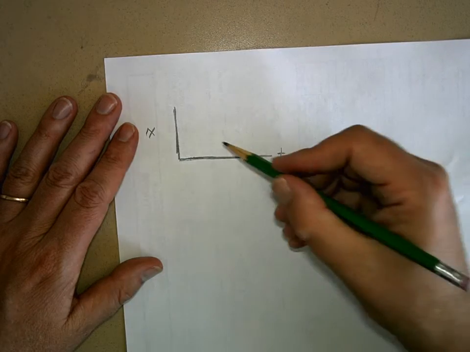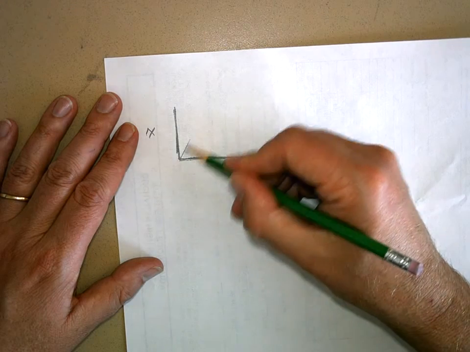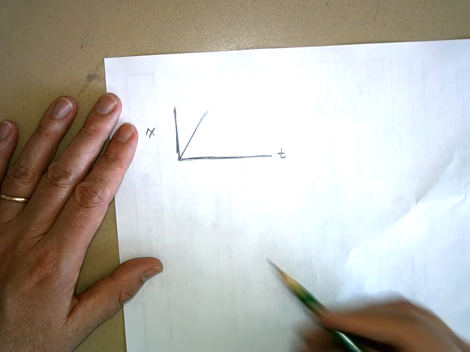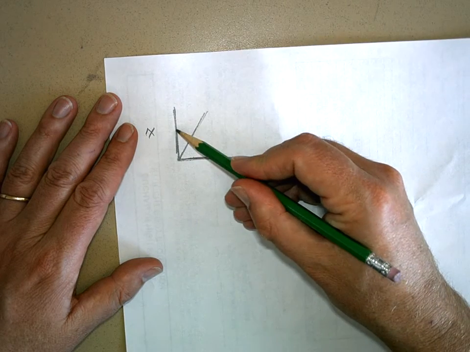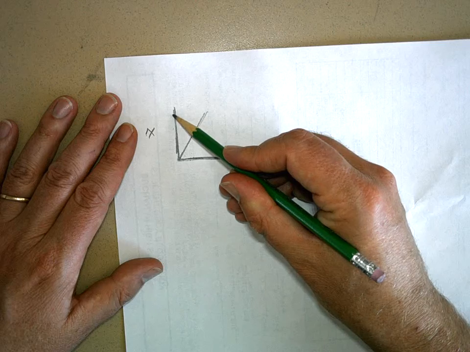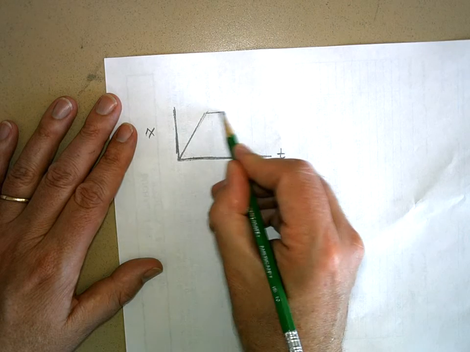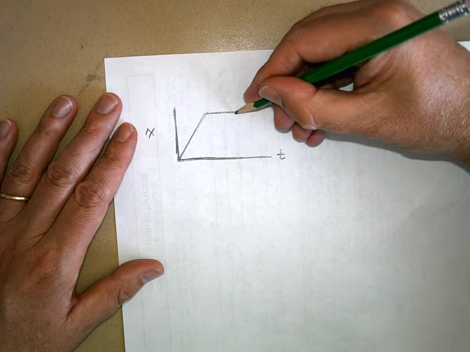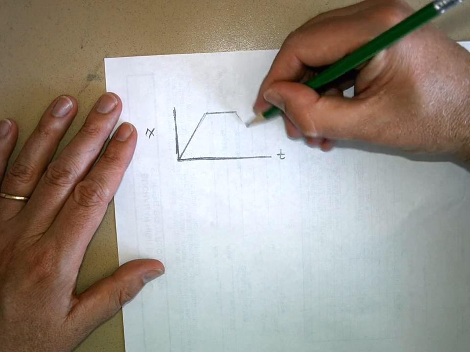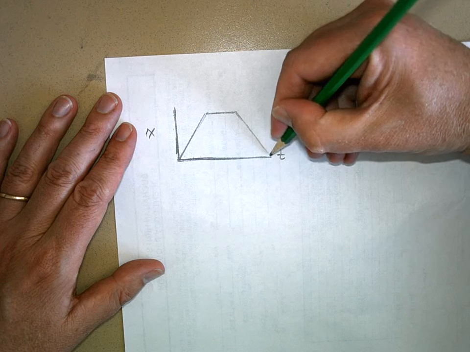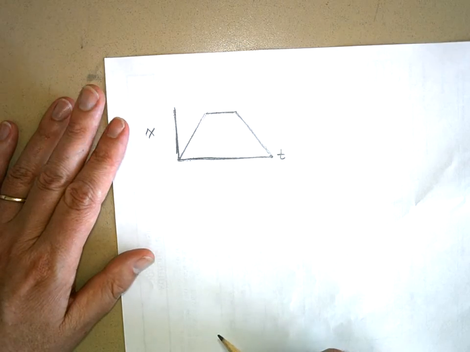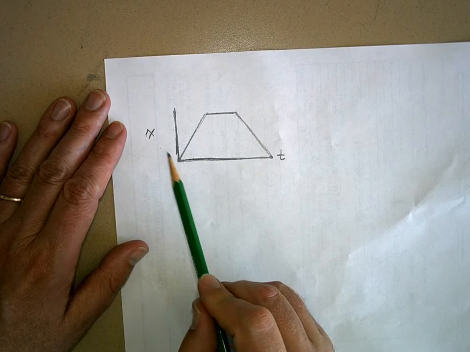And maybe it looks something like this. So I'm going to start at the origin. I'm going to move away from the origin at a constant pace. And then I'm going to stop for a period of time. And then I'm going to turn around and go back to where I started. So this is my position as a function of time.